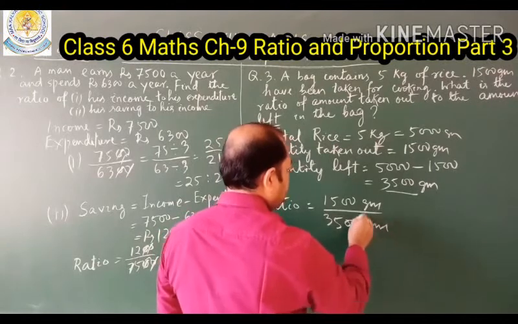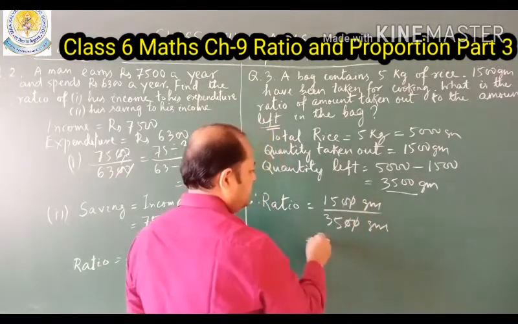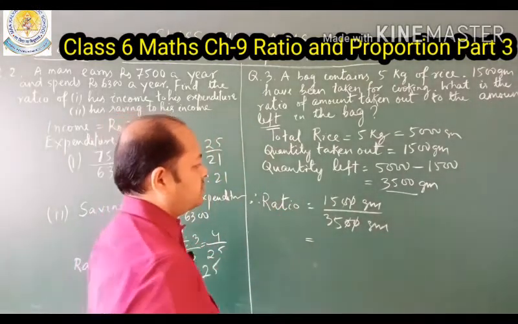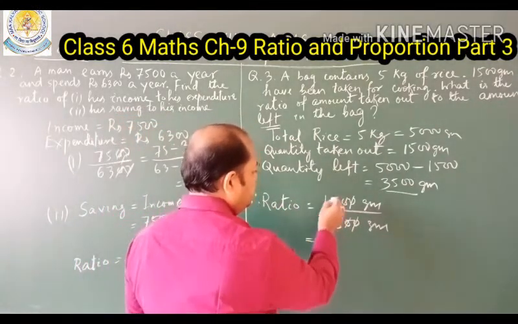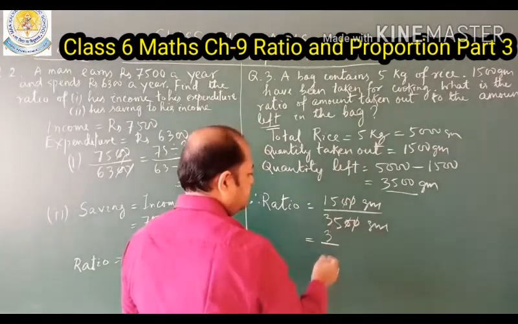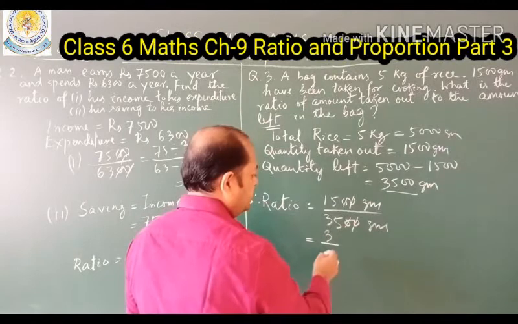Both cases you see 0 0 cancel here, and the HCF of both numbers is 5. So divide by 5. 15 divided by 5 is 3, and 35 divided by 5 is 7.